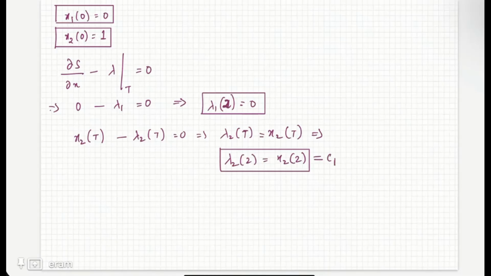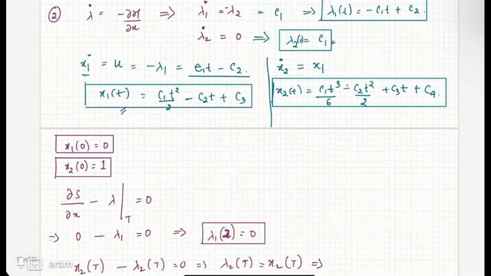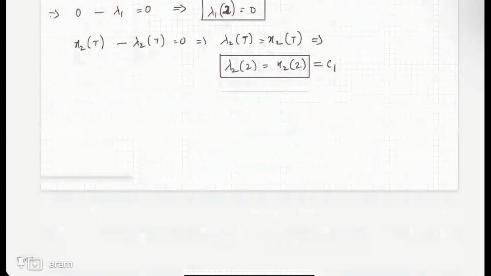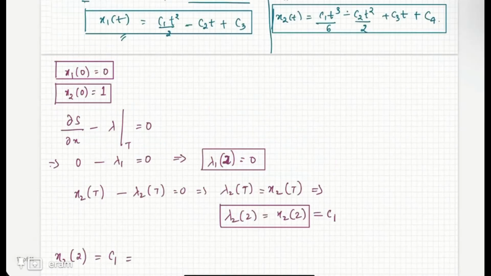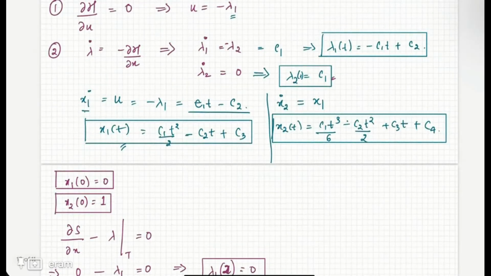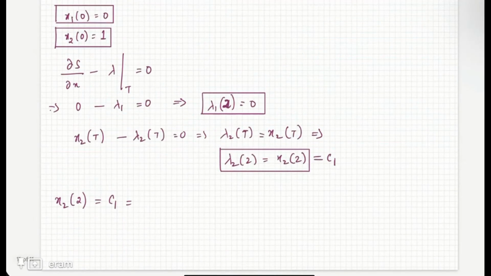So x2 at 2 is C1, so x2 at 2 we can solve. So let's write x2 at 2, this is equal to C1, and in the expression we can put t equals 2 here. That would give us C1 times 8 by 6.